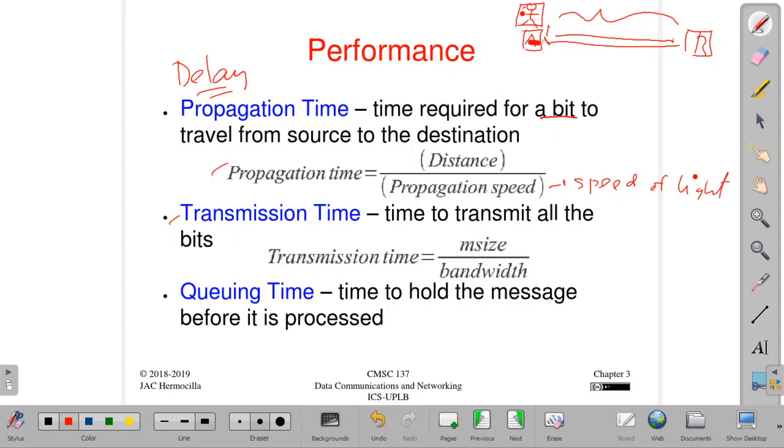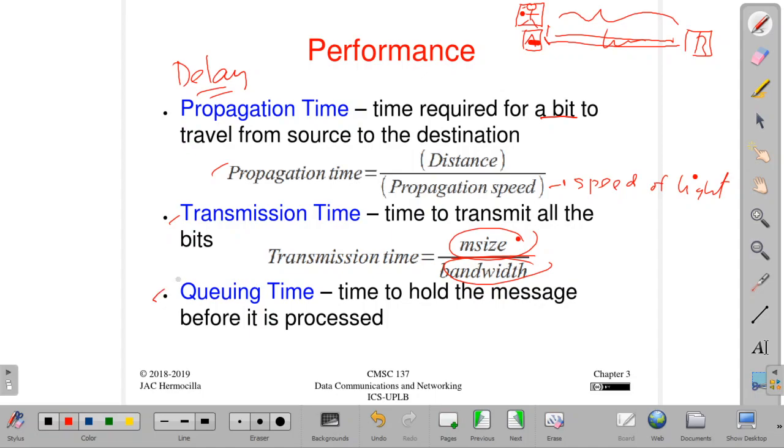That's transmission time. The formula is the message size divided by the bandwidth. Remember that the channel or the transmission medium here has a bandwidth property.